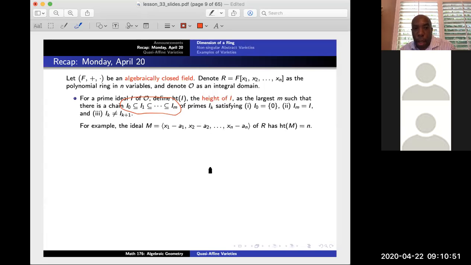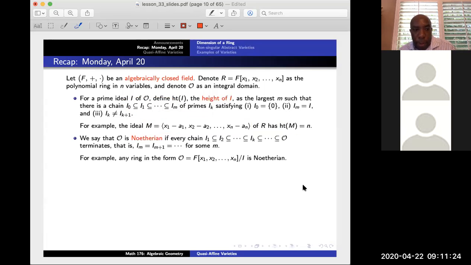So the length of the longest chain, this length M, is what we're calling the height of our ideal. So for example, if we were dealing here with the maximal ideal of R that is generated by these n polynomials, x1 minus a1, x2 minus a2, through xn minus an, this has height n. So very roughly speaking, you want to think of height as like the number of generators of the ideal. Right? That's kind of rigorously what this is. It'll tell you the number of generators.